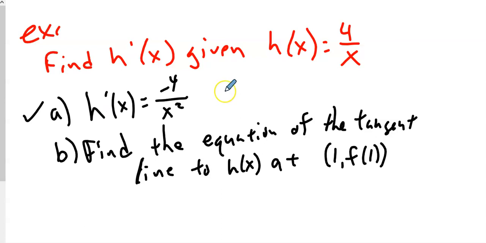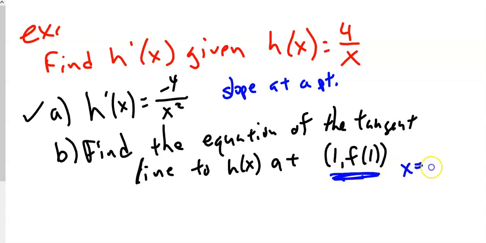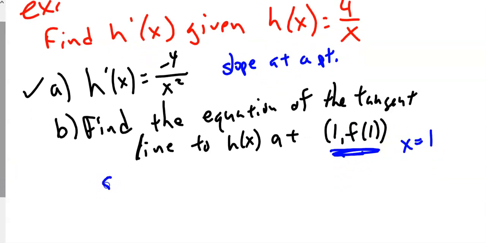Well, again, the derivative gives us slope at a point, some instantaneous point in time. Well, here's our point. So if we know our x value is 1, to find slope at x equals 1, we plug 1 into our derivative.